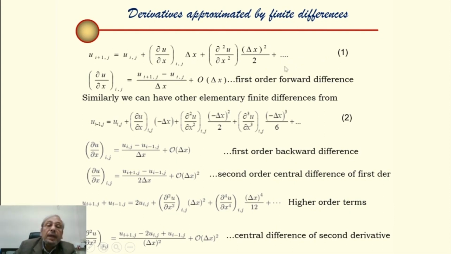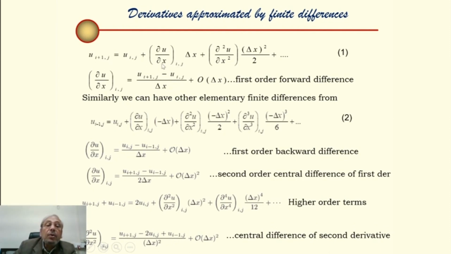Now from here, if we want to find out del u/del x at ij, we can write u(i+1,j) minus u_ij by del x.